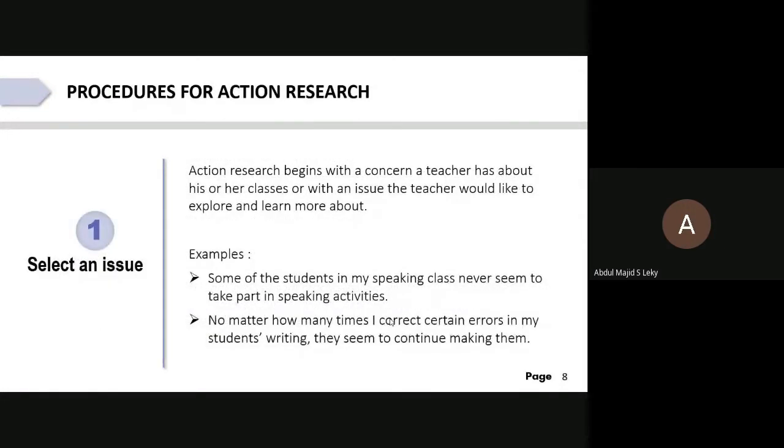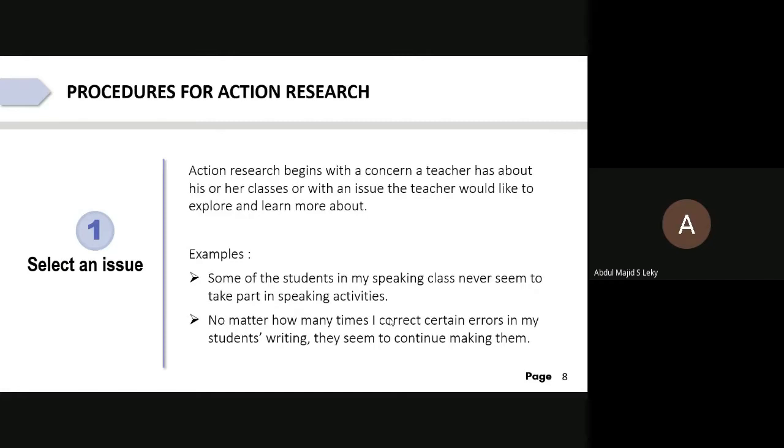The more detailed procedure for action research, number one, is select an issue. In this procedure, action research begins with a concern a teacher has about his or her classes, or with an issue the teacher would like to explore and learn about. As I explained earlier, we need to select an important issue that we think could lead to improvement in our teaching and learning process.